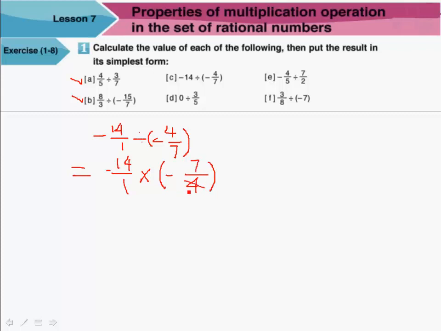So this divided by 2 is equal to, and this is equal to 7. This equal minus times minus is plus. We don't write plus. 7 times 7 is 49 divided by 2.